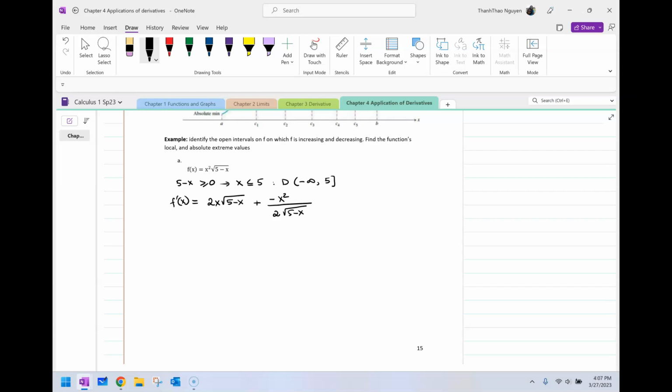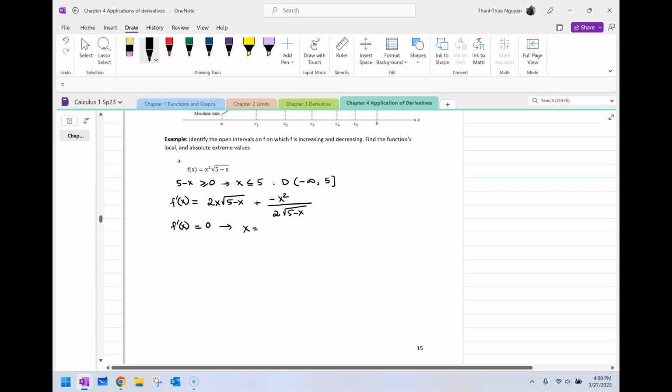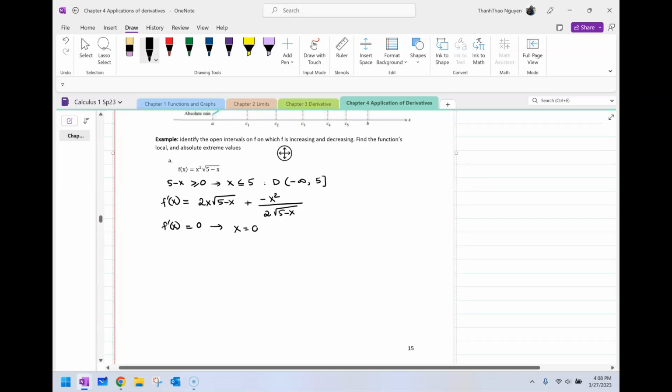We will simplify this function. Setting f prime of x equal to 0 and solving, we get f prime of x equal to 0 when x is equal to 0 and when x is equal to 4.